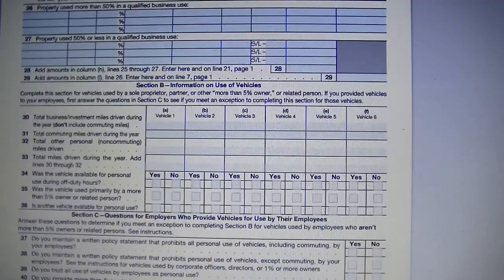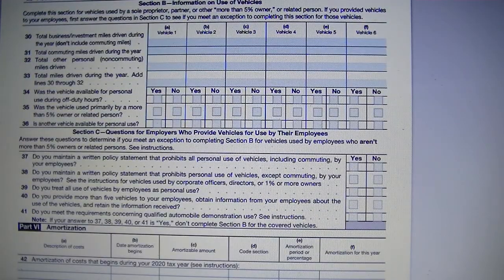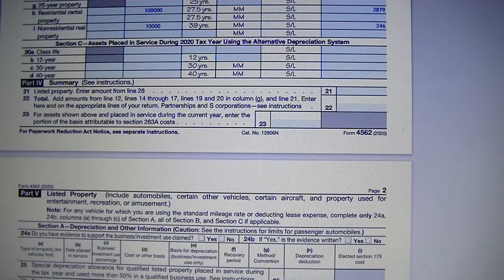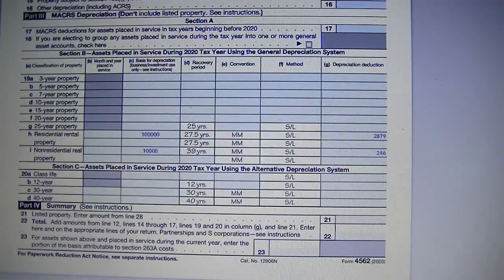And then you'll complete Section B and Section C. So the choice is yours.